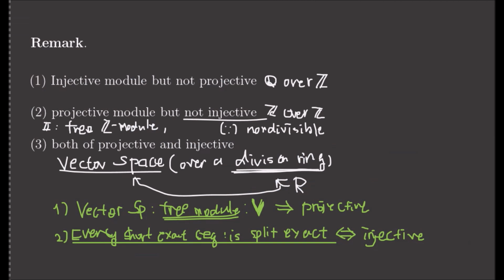So by these two theorems, a vector space is both a projective and injective module. Okay, I finished this lecture. The next lecture is the dual module.